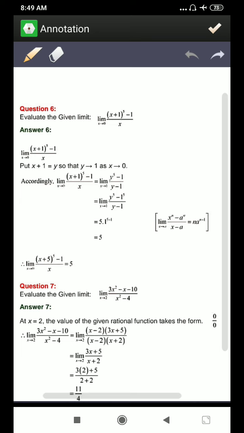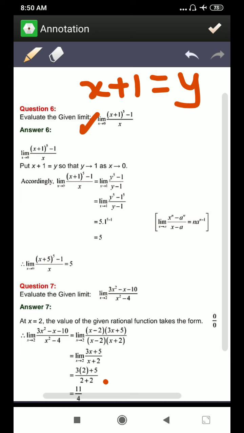So to simplify this question, note it carefully. We'll replace x plus 1 by y. As the limit x tends to 0 is given, we have to convert all the terms, or this whole question, in terms of y.